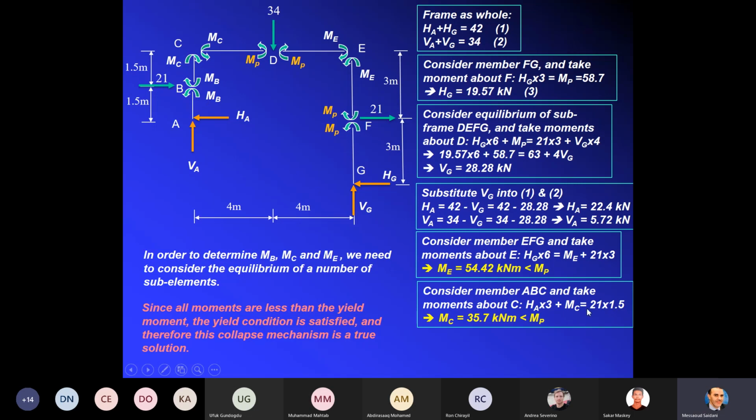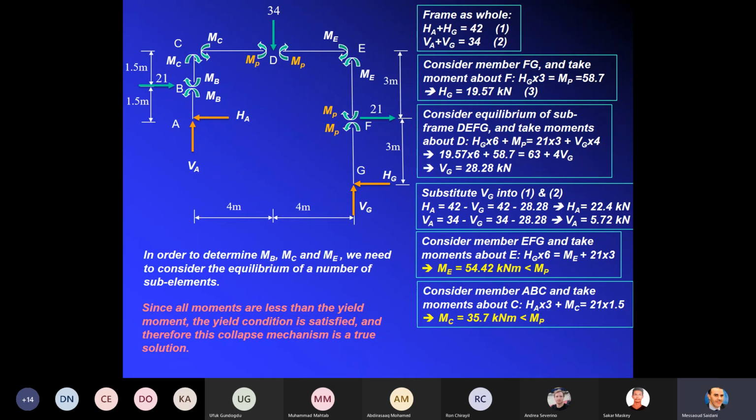And then when you substitute HA by the value here, 22.4, you can determine MC from the equation here, which will be 21 times 1.5 minus 3 times 22.4, giving 35.7 kilonewton meters.